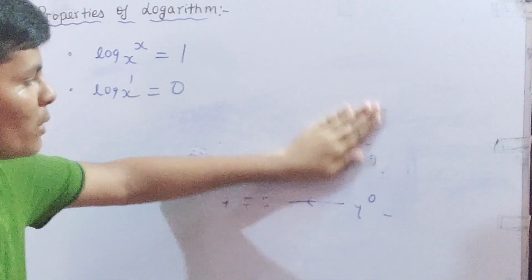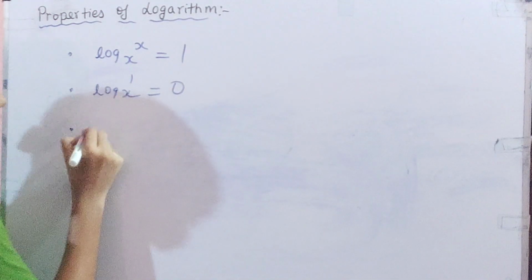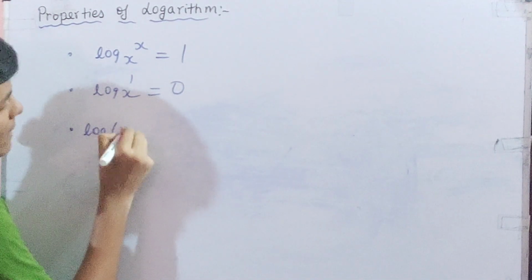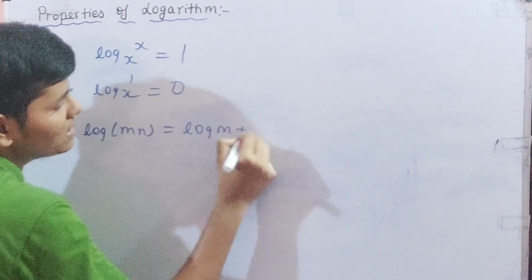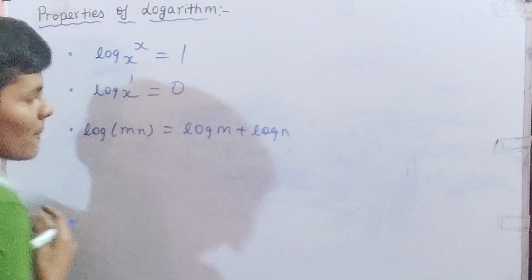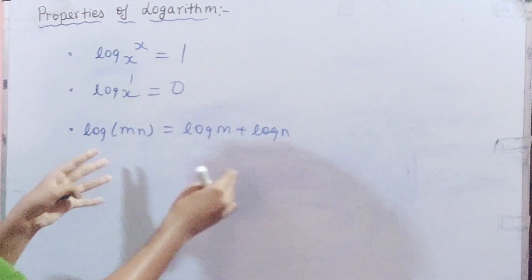Now coming to the more important and more interesting properties. The first interesting property is log of mn is equal to log of m plus log of n. This is the product rule of the logarithms.